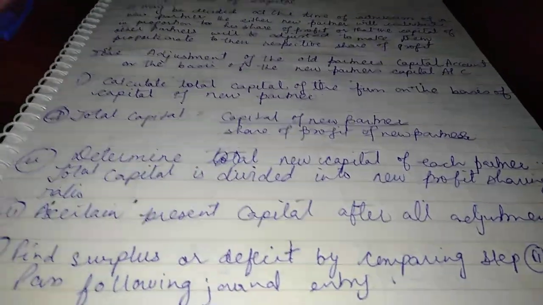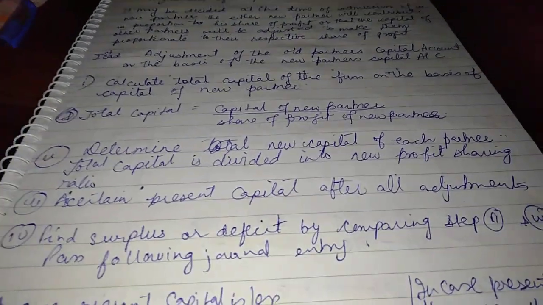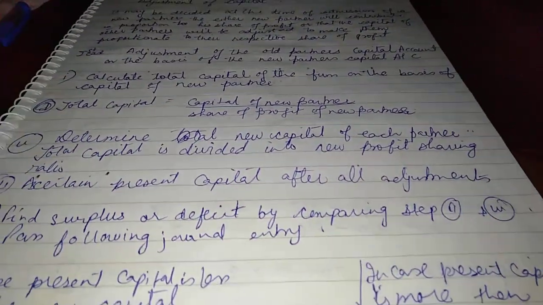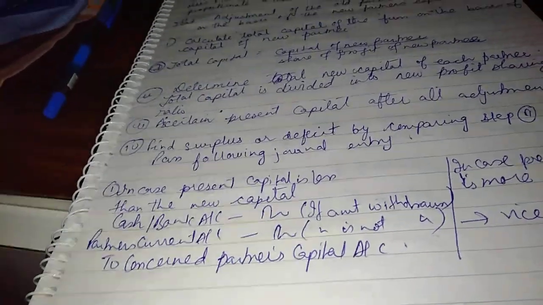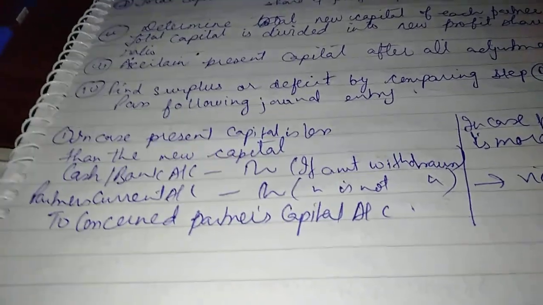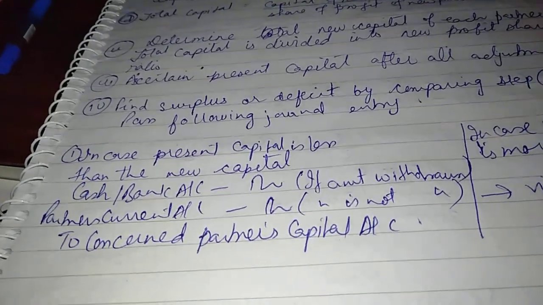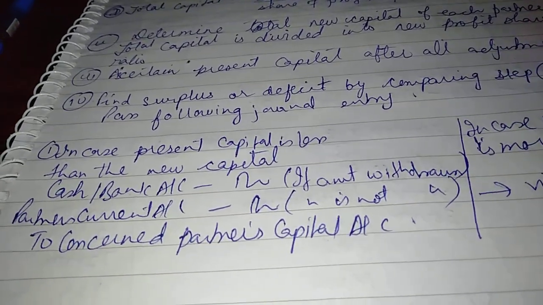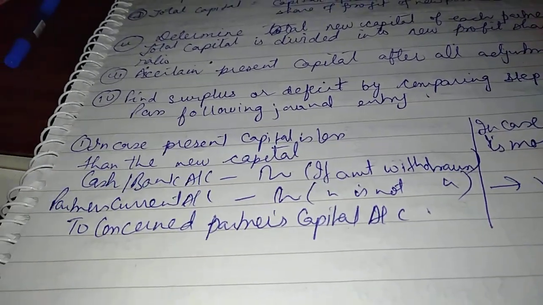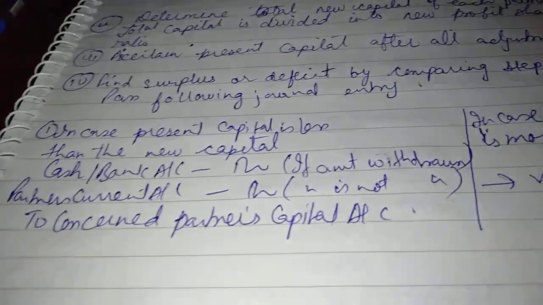Next, you have to find out surplus or deficit. If your present capital is less than new capital, then you have to pass the entry: cash account or bank account debit if the amount is withdrawn, or partner's current account debit if it is not withdrawn, to the concerned partner's capital account.